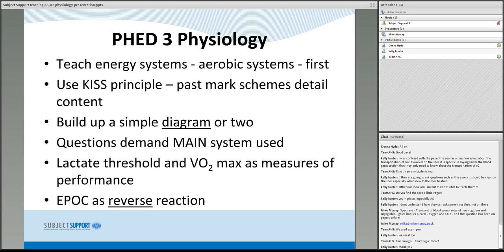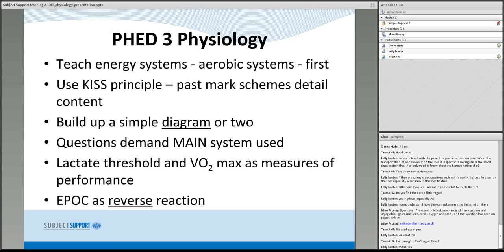Getting the students to understand what's involved in aerobic processes is relatively important, because I think energy systems underpins everything else. If you understand energy systems, then fast and slow twitch muscle fibers become very, very easy. If you understand energy, then lactate threshold and VO2 max become relatively easy.